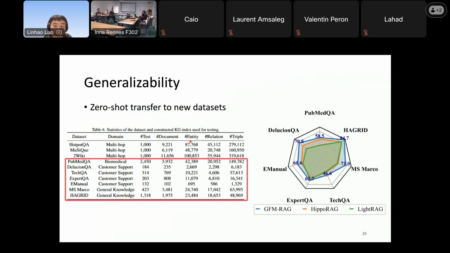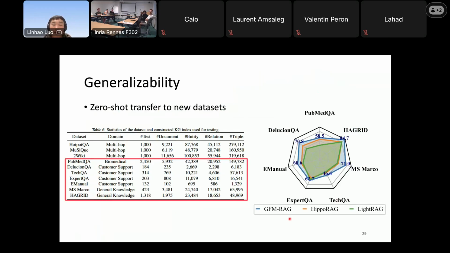And also, because we claim our method as a foundation model, we definitely need to test its zero-shot generalizability to unseen datasets. So we further conduct experiments on 7 domain-specific question answering datasets. There are biomedical knowledge graph question answering, customer support, and also some general knowledge datasets.